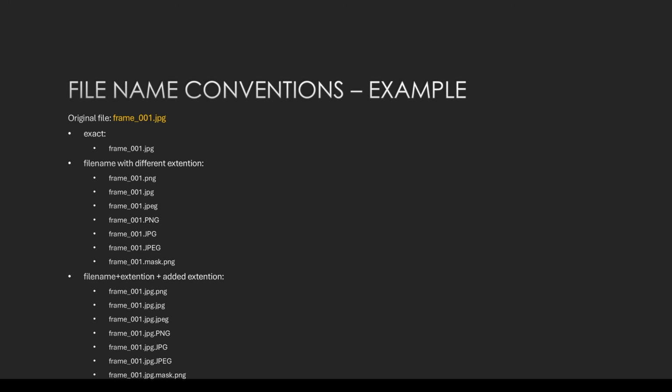So for an example, if your original image is called frame_001.jpg, the exact name would be the same name. With a different extension, it could be .png or .mask.png. And for a file name plus extension and another added extension, it would be frame_001.jpg.png, etc.